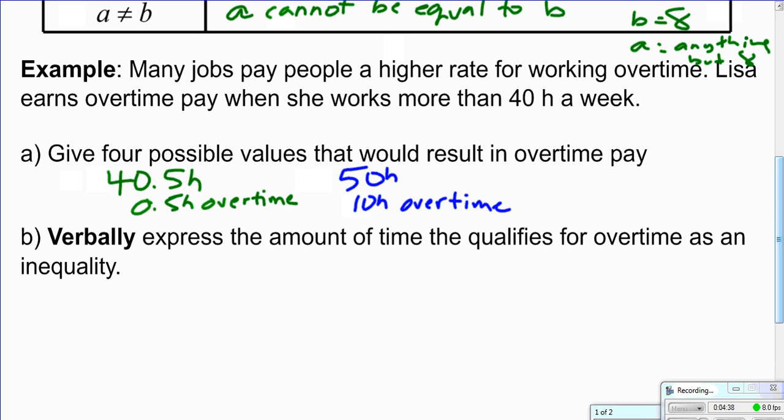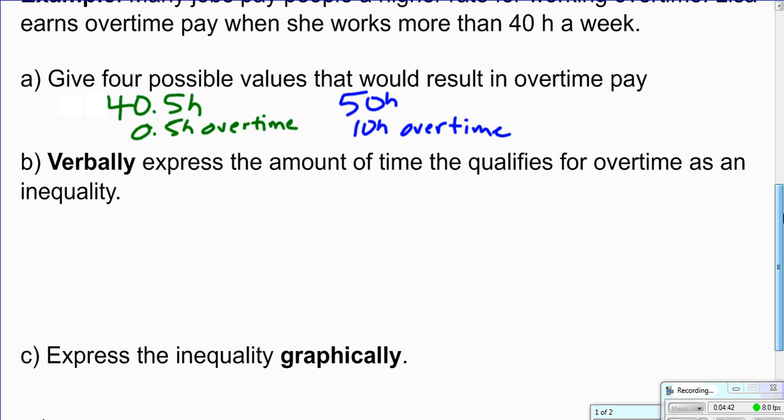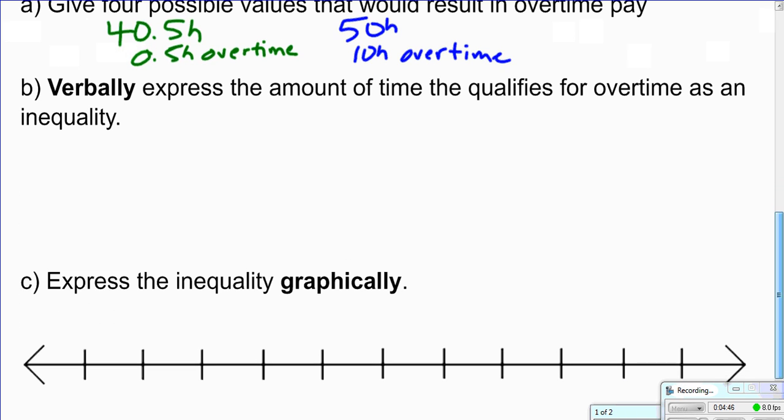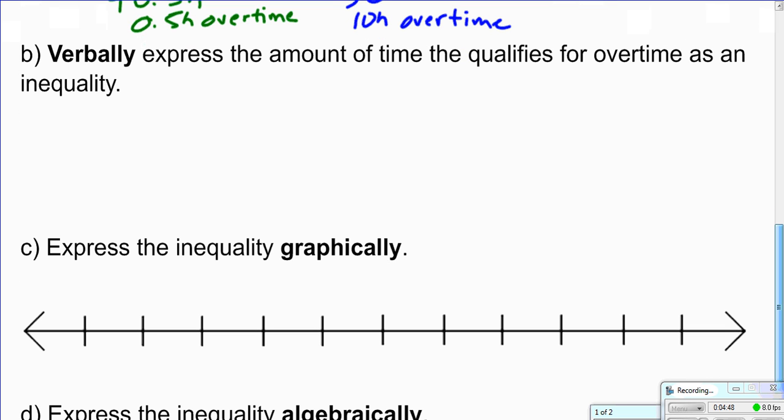You can come up with 2 more examples for me for that one. Now it says verbally, so in words, express the amount of time that qualifies for overtime as an inequality. So up to 40 hours, she makes regular pay, and then it's anything over 40, not including 40.